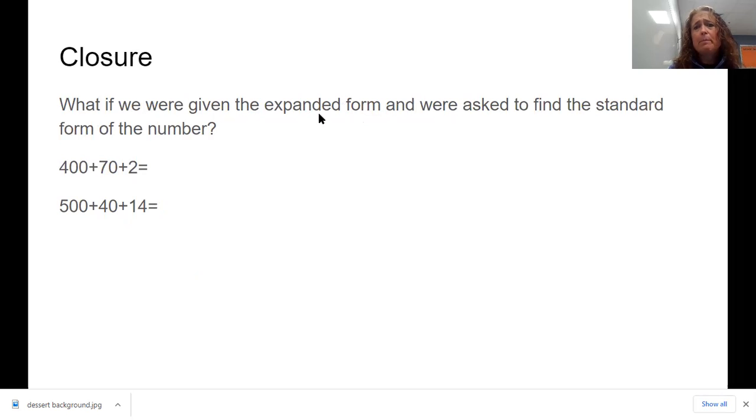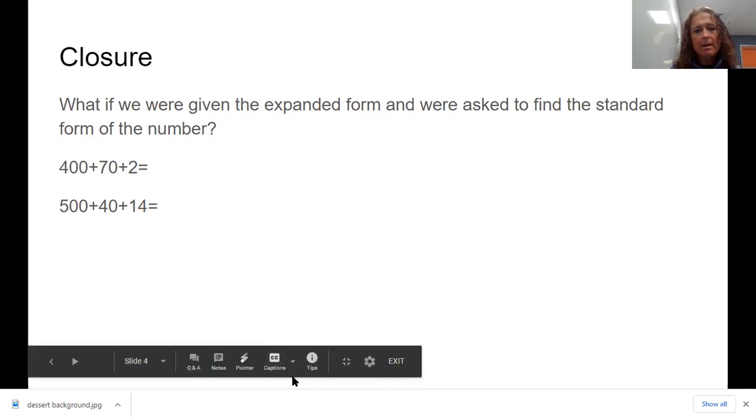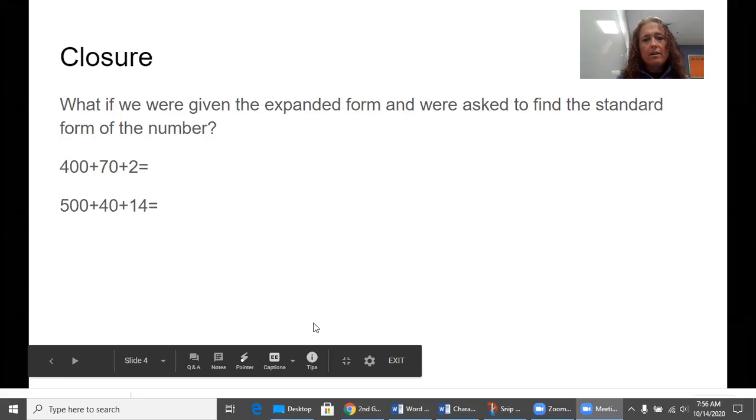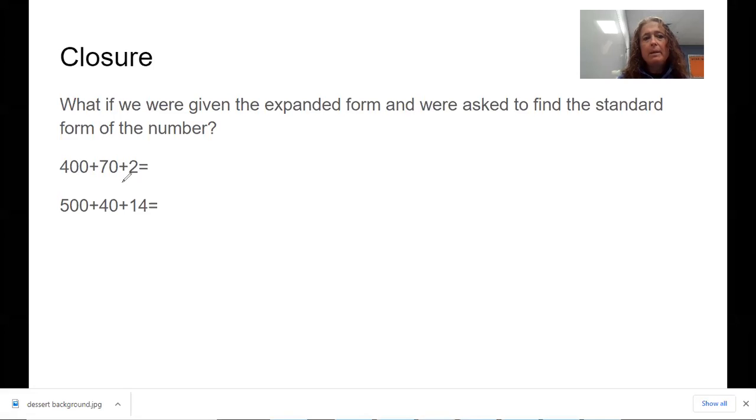What if we were given the expanded form and we were asked to find the standard form of the number? Okay, so give me a moment to get my pen. All right, so now we're given the expanded form and we want to find the standard form, okay? So we see that we have 400.